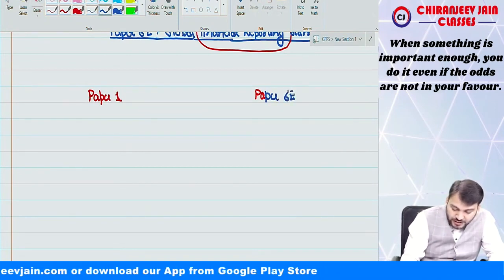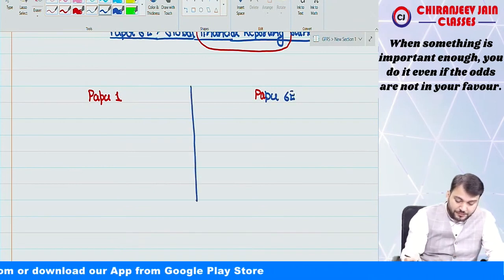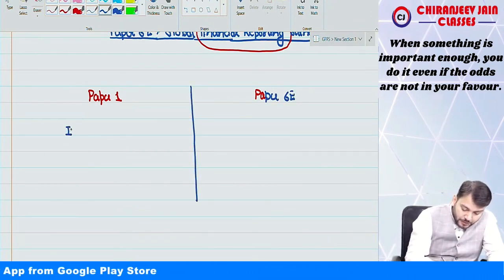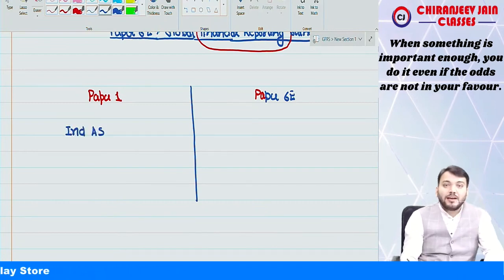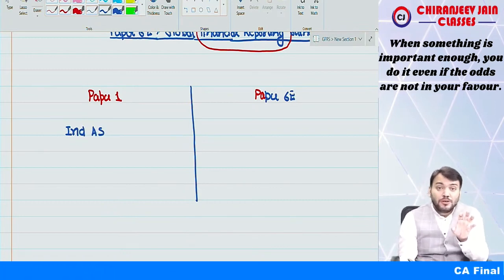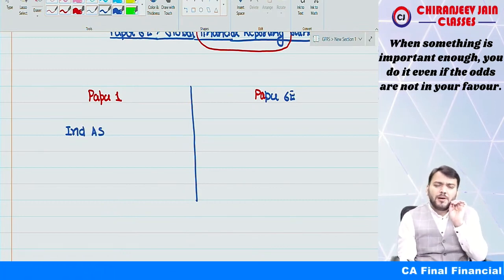Now paper 1 consists of Ind AS. And also there were many appendices to Ind AS.